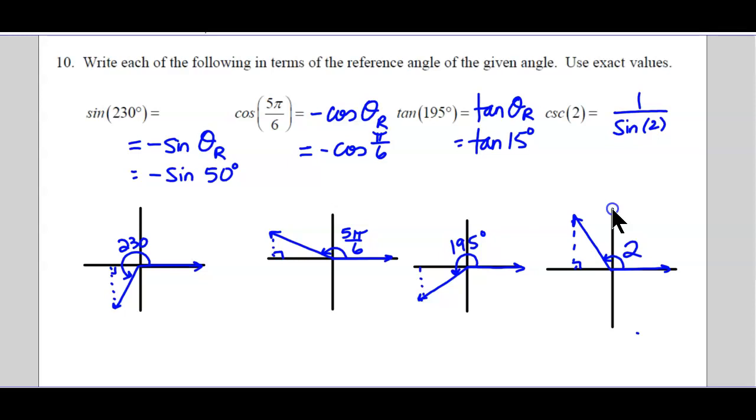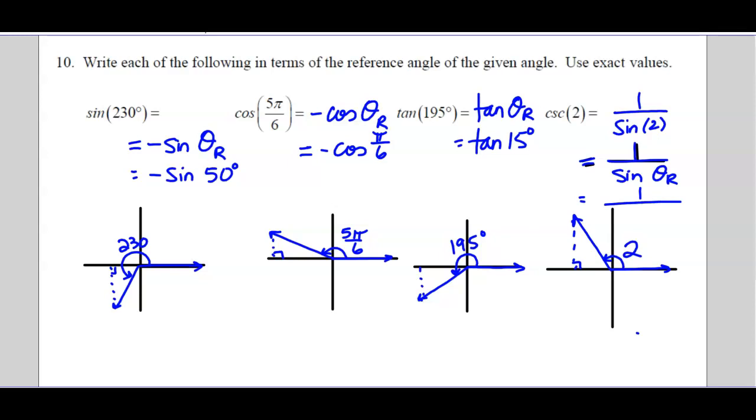So here, for cosecant, we want to be concerned with what sign sine of 2 has. In the second quadrant it's positive, so we don't have to change anything, but in terms of the reference angle, cosecant theta equals 1 over sine of theta reference. So that's going to be the same.